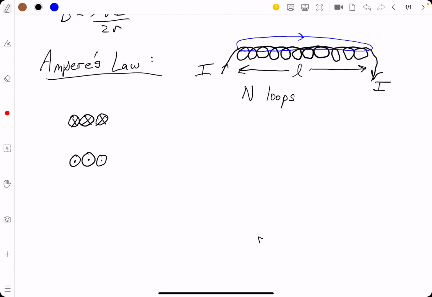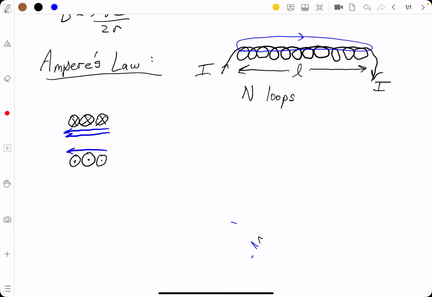So if you were to take your thumb and you put it into the page at the top, you'll notice that the B field goes like this. And the same thing for the bottom. The B field goes like this, in this direction. So that's what's going to happen inside our solenoid.